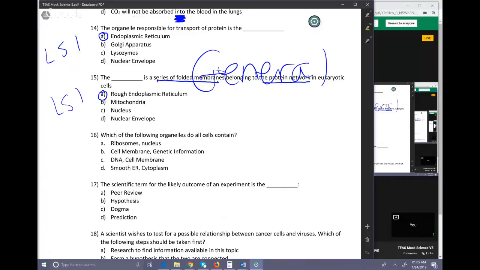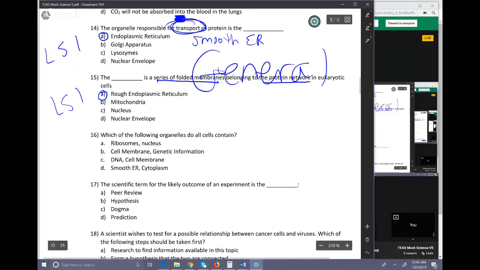So sometimes they're going to specify transport, like they did here, or synthesizing of proteins, and sometimes they're not. And if they give you a specific function and a specific name, you need to pair those specifically. So had they had smooth available here, you would have needed to specify that.